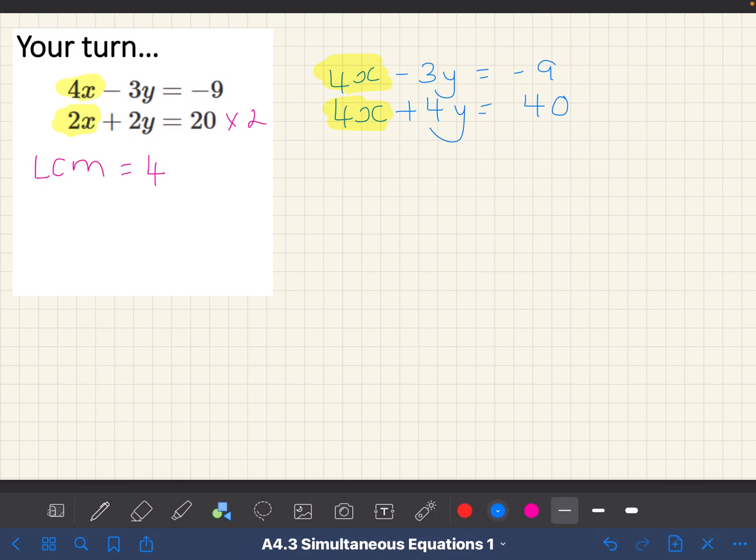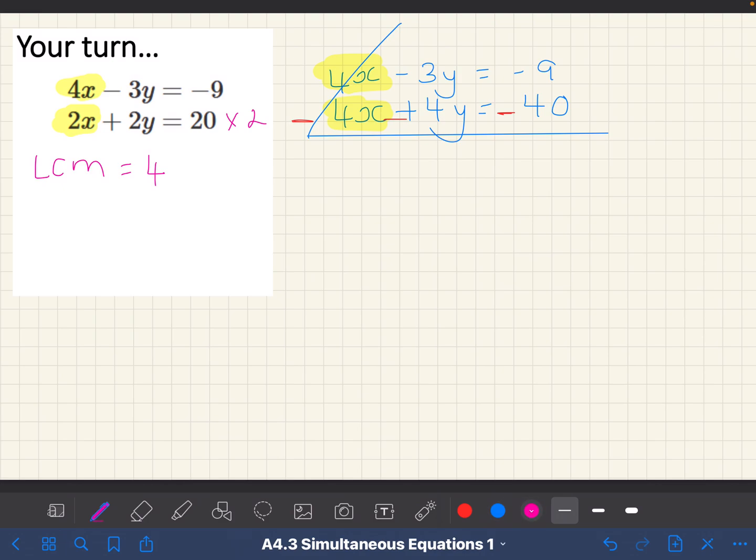So I'm going to draw a quick column, and I'm going to subtract this one, which means I'm also going to subtract the plus 4y, and I'm also going to subtract the 40, sorry. 4x take away 4x, nothing, it's eliminated.